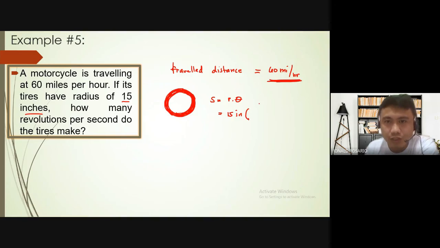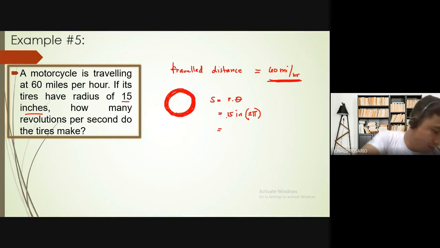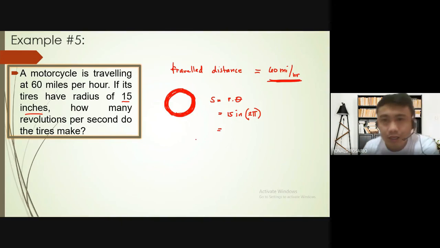Isang revolution, that is, once again, that's 2 pi. Kasi in radian. So you can have 15 times 2 pi. That is 30 pi inches.